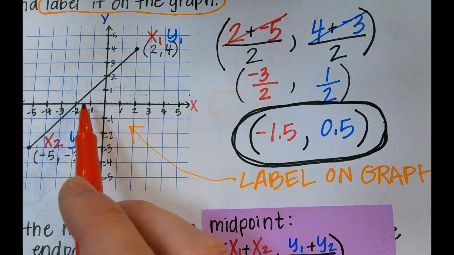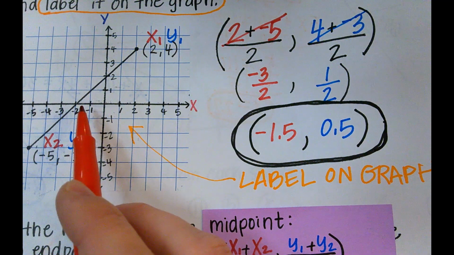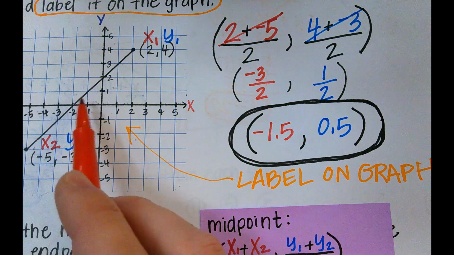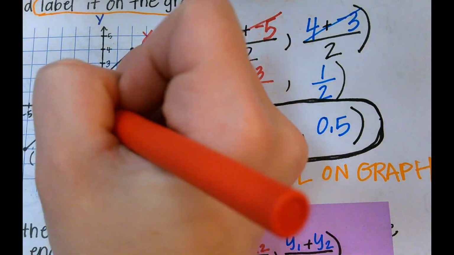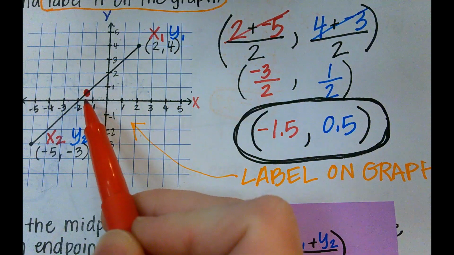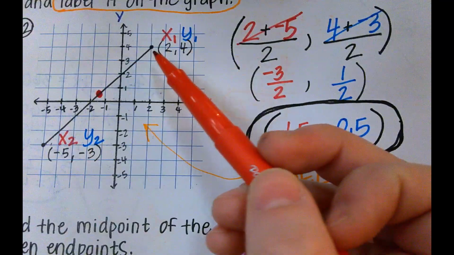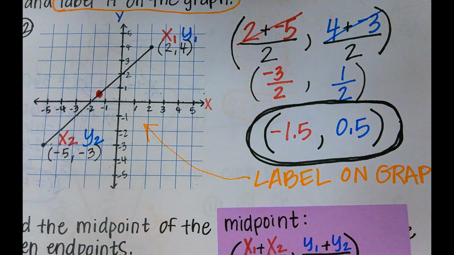And then where do I go up or down for the y? You're going to go up. How far up? About half a point, so not all the way to 1, about halfway. It's going to be on the line. So it'll be right about here. That is my midpoint. And we can tell we did it right because it looks like the midpoint. It looks like it's right in the middle.